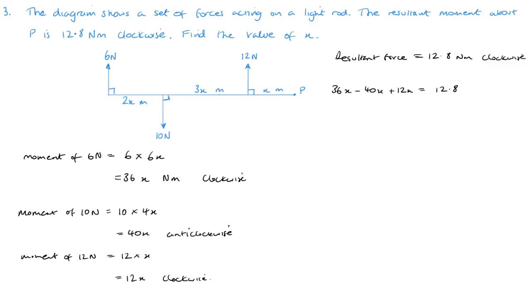So 36 plus 12 is 48, minus 40 is 8, so 8x equals 12.8. So 12.8 divided by 8 gives me 1.6. So x equals 1.6 meters. And that is how you do question 3.